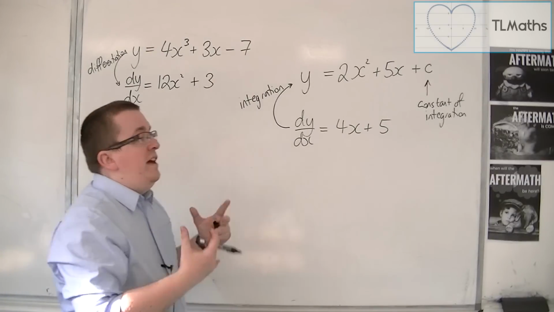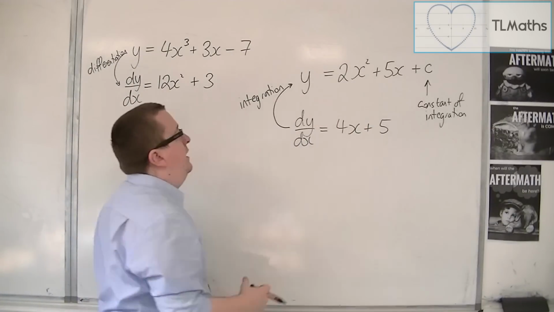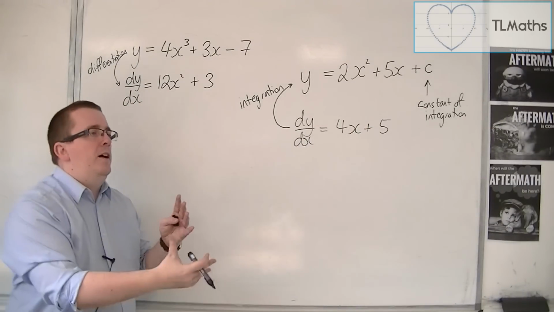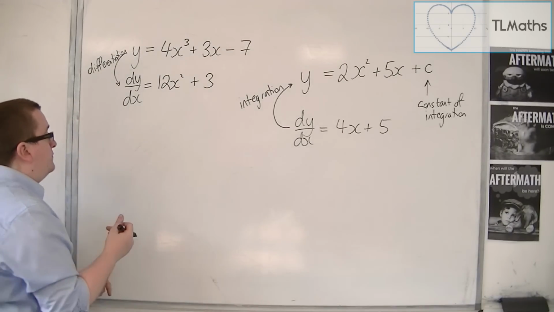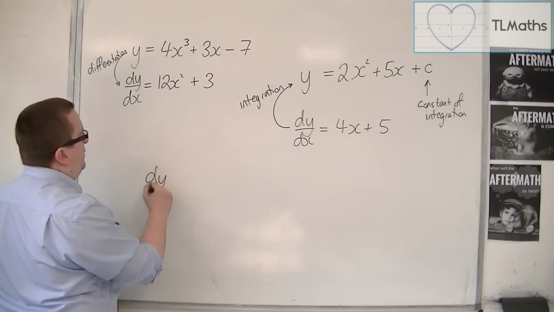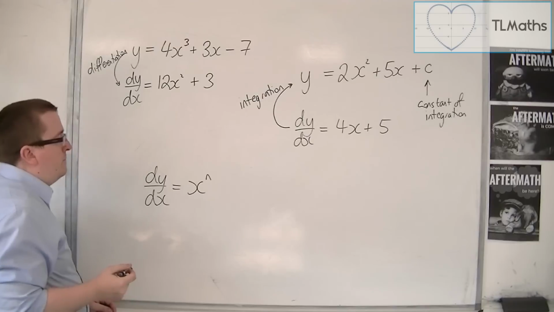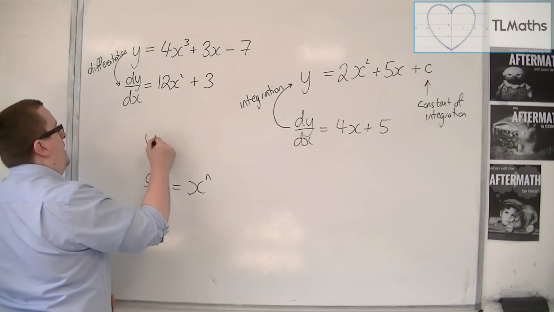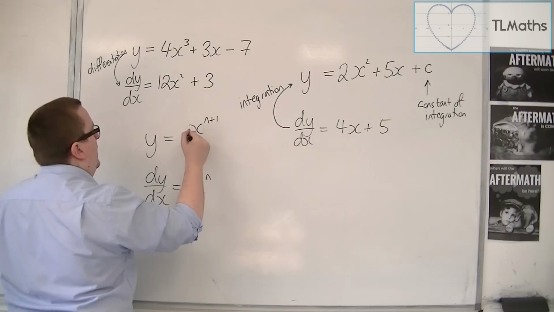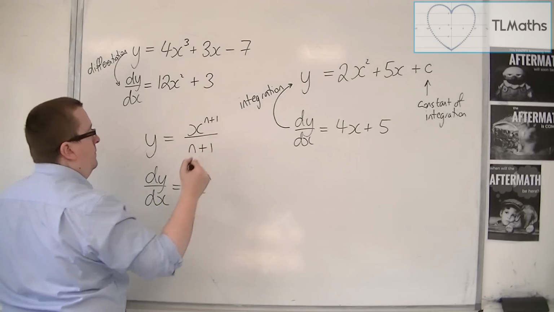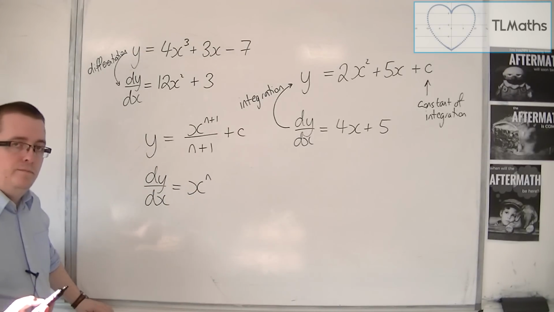So is there a neat way of getting from here to here without having to kind of unravel things? Well, thankfully there is. Because if we're starting with dy by dx is equal to x to the n, okay, then y is equal to add 1 to the power and divide by the new power, plus this constant of integration c.